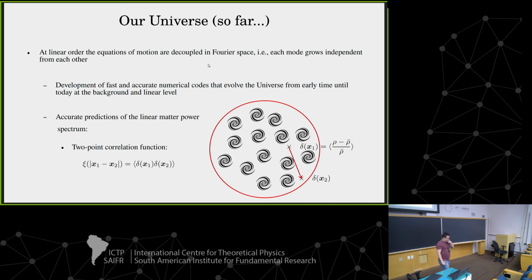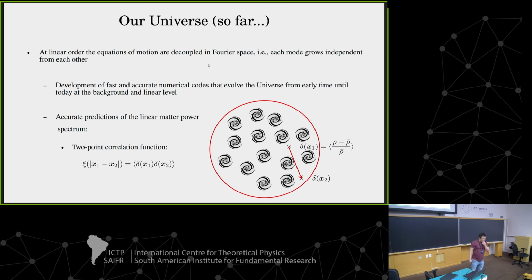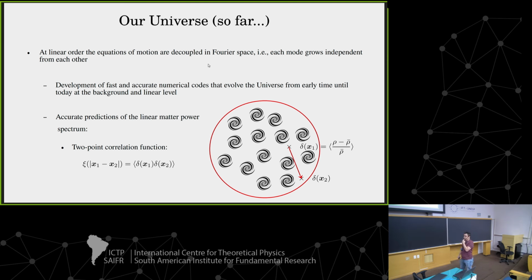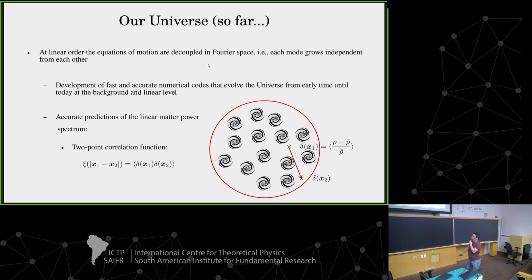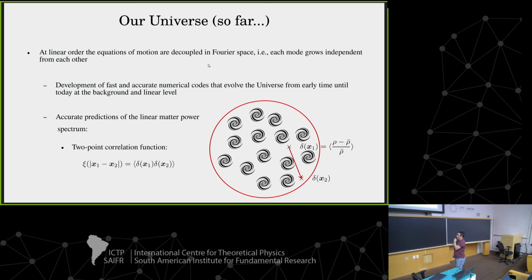To understand what I'm going to talk about today, it's good to understand what the matter power spectrum is, which at linear order is also computed by these numerical codes that I just mentioned. Before understanding the linear matter power spectrum, it's good to understand what the two-point correlation function is.